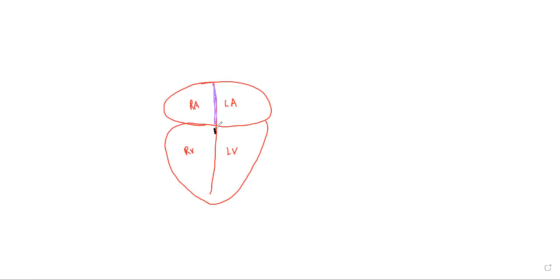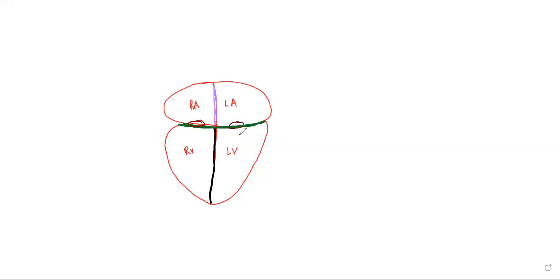The separation between the two ventricles is the interventricular septum. The separation between the atria and ventricles is the atrioventricular septum. Then the opening of the right atria into the right ventricle is called the right atrioventricular aperture.